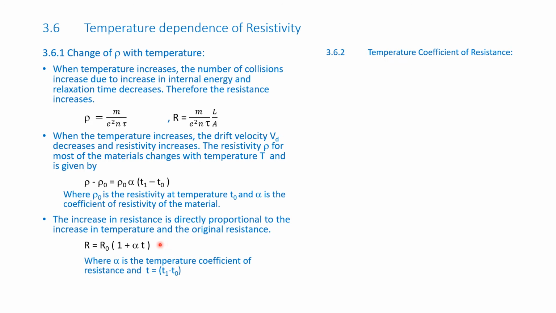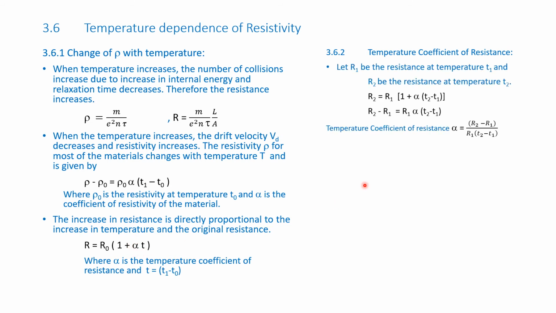Now we will study in detail the temperature coefficient of resistance, that is alpha. Let R1 be the resistance at temperature T1 and R2 be the resistance at temperature T2. R2 equals R1 into 1 plus alpha into T2 minus T1. Here we have substituted T as T2 minus T1, where T2 is the temperature of R2 and T1 is the initial temperature.